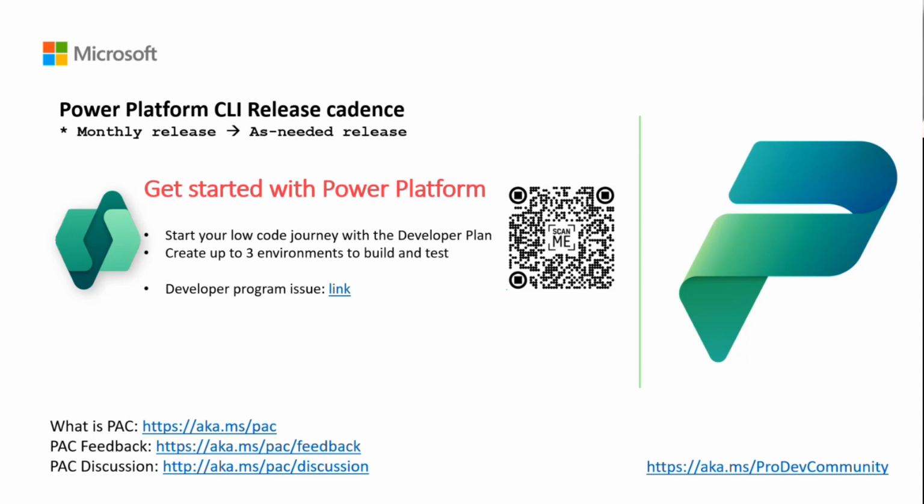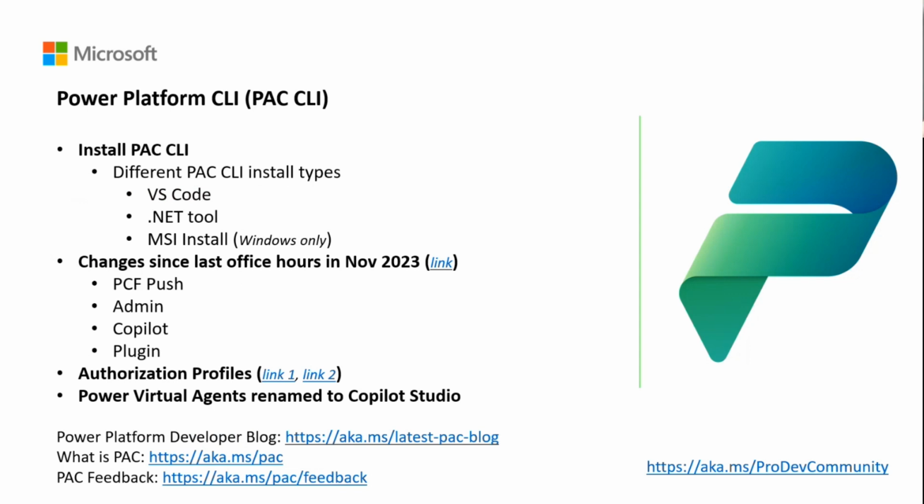Moving along. So PAC CLI, the newest release 1.30.7, that you can get your release updated from depending on how you have it installed. So if you installed using VS Code, your extension, just go ahead and update in the terminal with the PAC install latest.